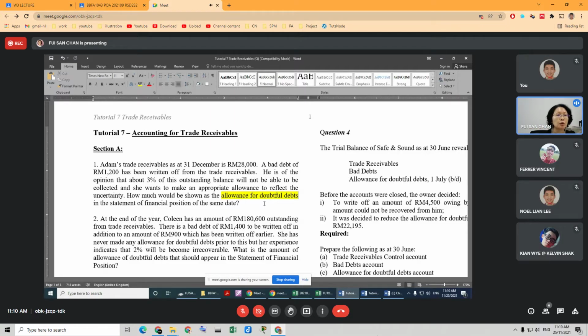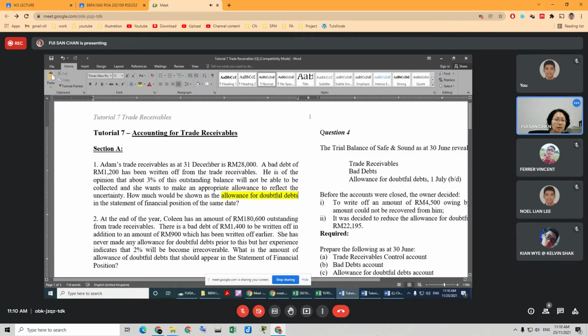Now, according to prudence concept, if we are able to estimate, then this must be treated as an expense for our current year, right? So I hope you are able to differentiate between bad debts and allowance for doubtful debts.